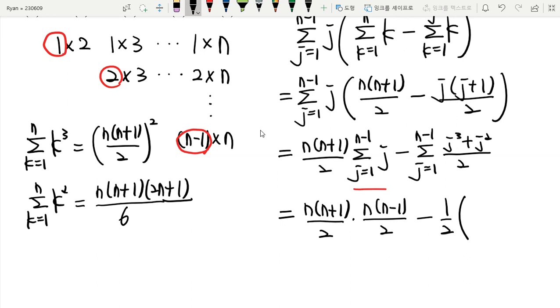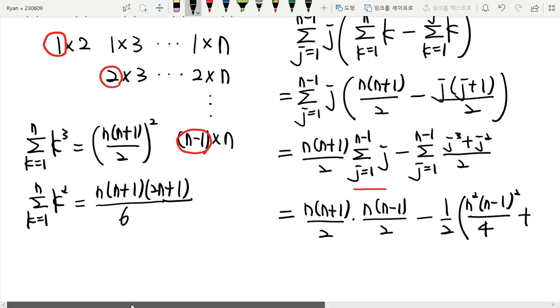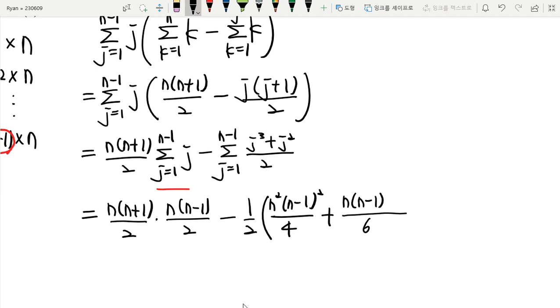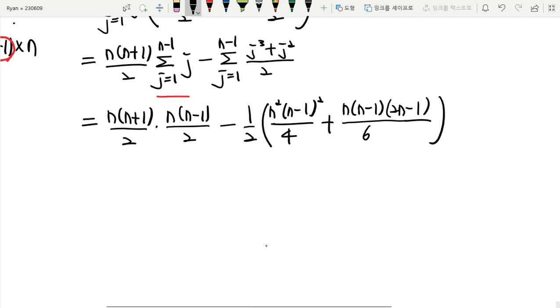So that means the sum of the cube is, and sum of the squares, and after opening parenthesis we can simplify this expression.